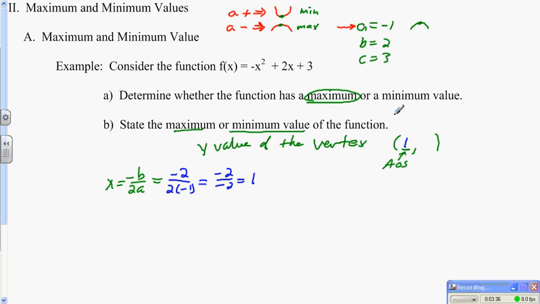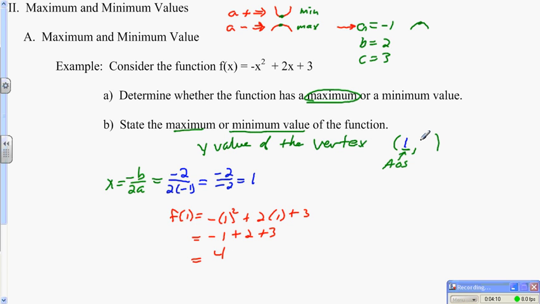So our x value of the vertex is 1. Now if we take that value and plug it into our initial function, we will get -(1)² plus 2 times 1 plus 3. Now this is f of 1. That will give us -1 plus 2 plus 3, which is equal to 4.